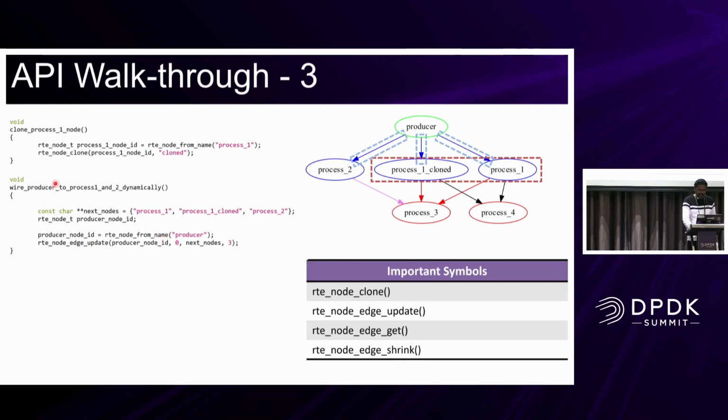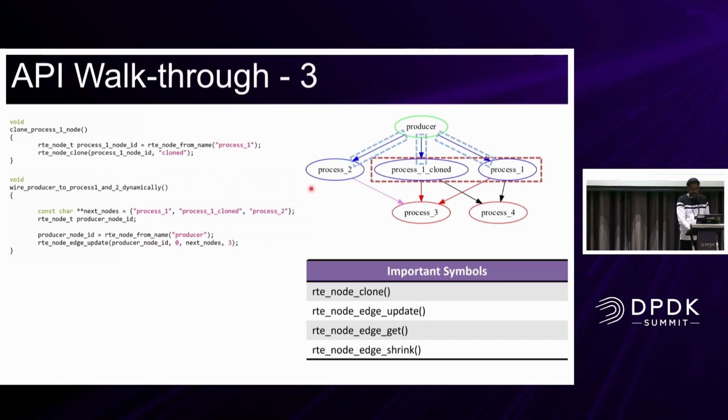Another operation I would like to add: in the last slide, we were able to statically link it because we knew things upfront. Assume the case where we don't know what the connection to process 2, process 1, and process 3 will be. This linking you can do at runtime.